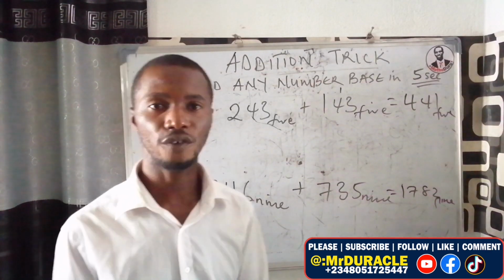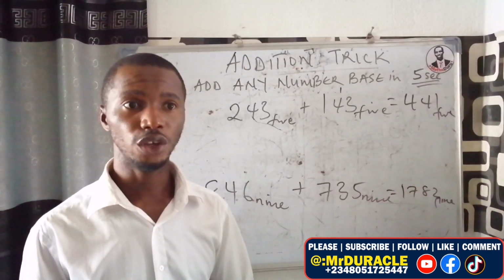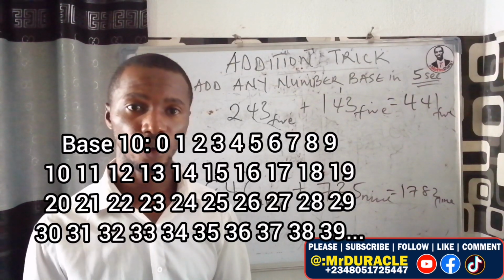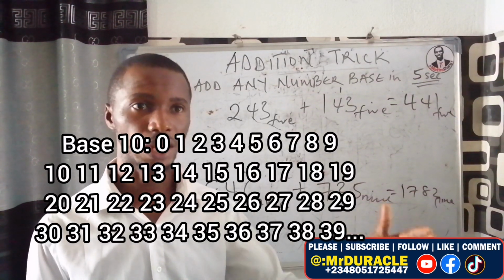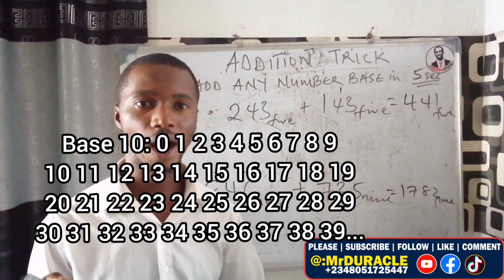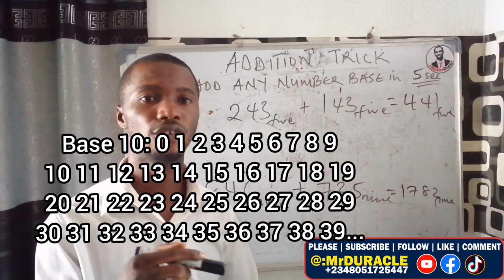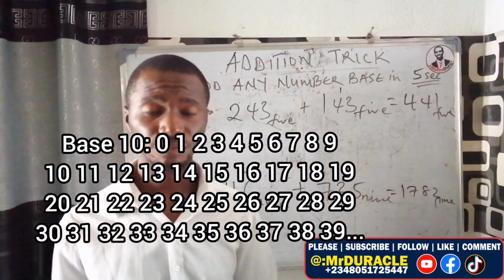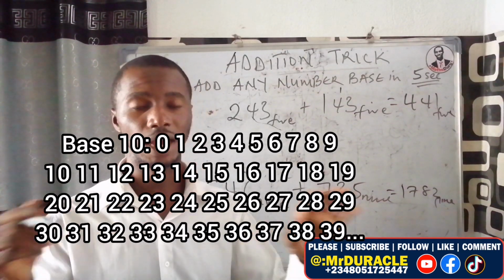So if we say we have base 10, that means the only symbols we use to represent numbers are from 0 to 9. All those symbols, 0, 1, 2, 3, 4, 5, 6, 7, 8, 9, are represented in that counting system.